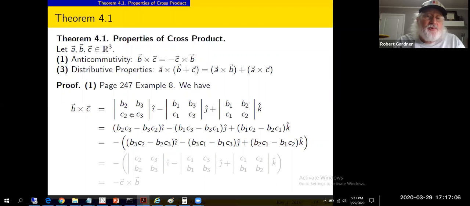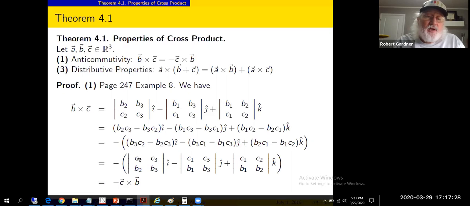If I go back up to the straight cross product, B cross C, we had the positive as the B sub 2, C sub 3, and here we've got it as a negative. Well, we can resolve that by putting the C's in the top row and the B's in the bottom row in the second row.